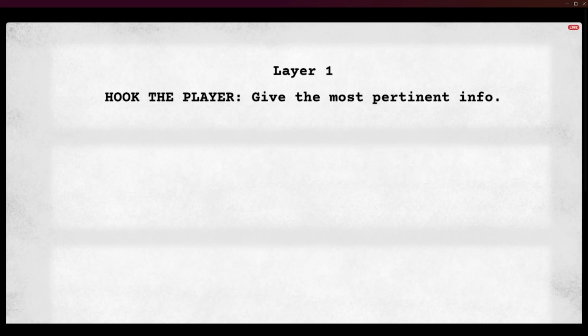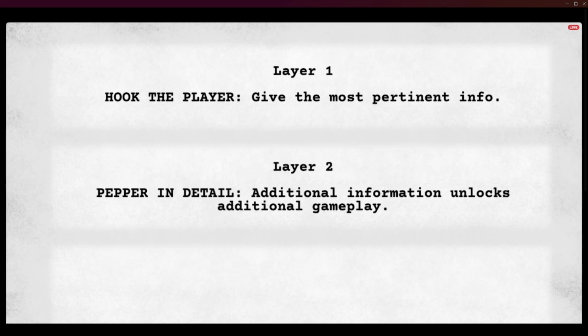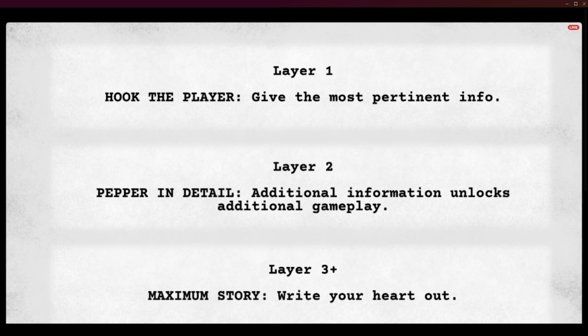Players can choose topics, but specific triggers either unlock another layer of the gameplay mechanic, like an optional side quest or a journal detail, or move the narrative towards a specific outcome or conflict. And then each additional layer after that is pure story. It's in those deeper layers where the flavor of your cake is really baked.